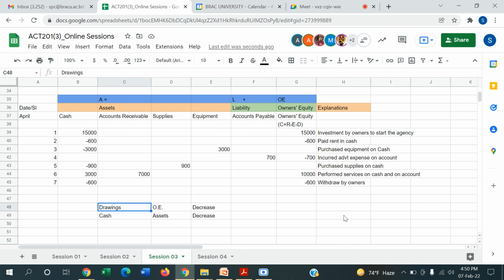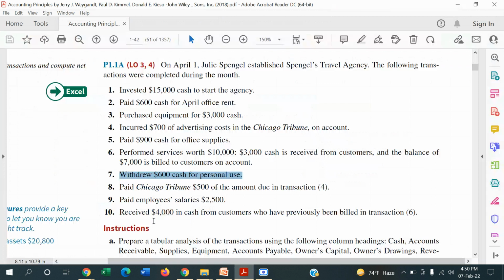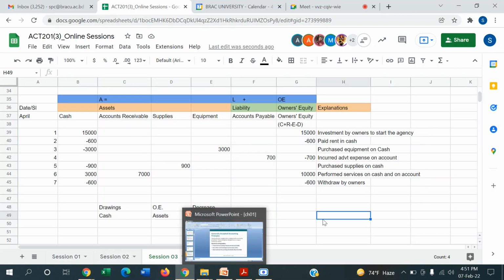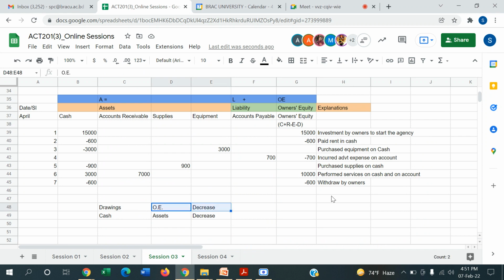When anything is withdrawn by the owner, has the total withdrawal increased or decreased? Withdraw 600 for personal use by the owner. So by that withdrawal, do drawings increase or decrease? Drawings increase. And because drawings increase, that's why we mentioned that owner's equity decreases. Is it okay, sir? Okay.